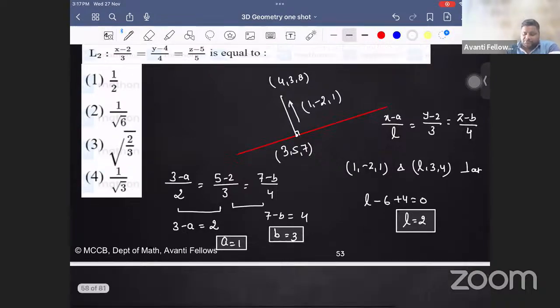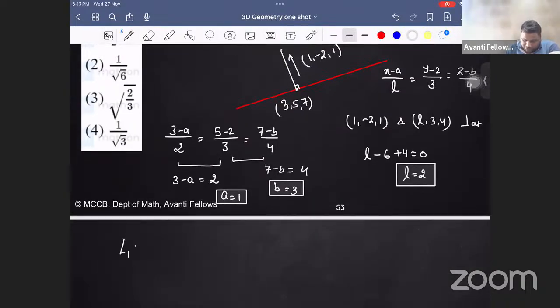So with all this information, you got the equation of L1 as (x minus 1) by 2 is equals to (y minus 2) upon 3 is equals to (z minus 3) upon 4.